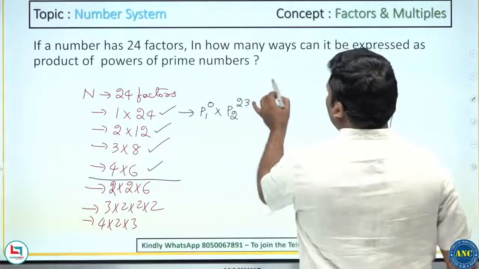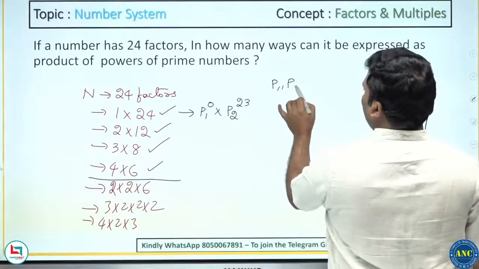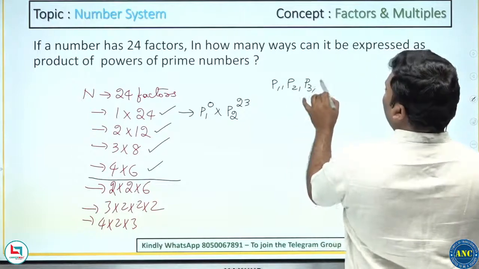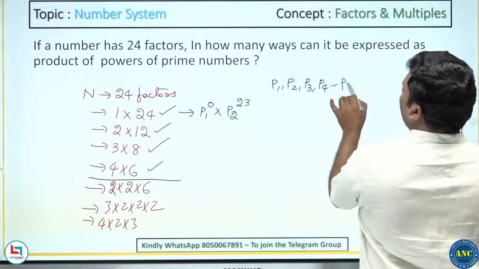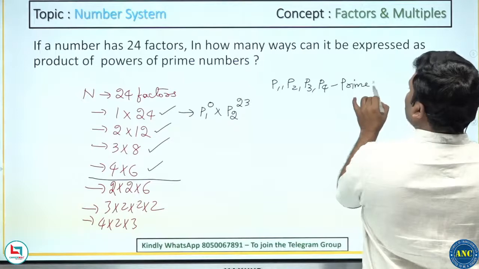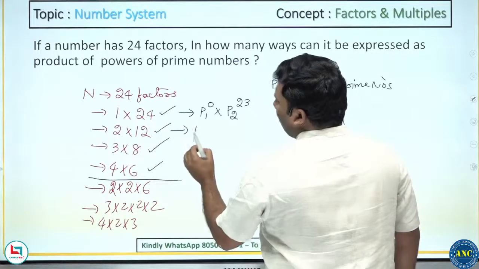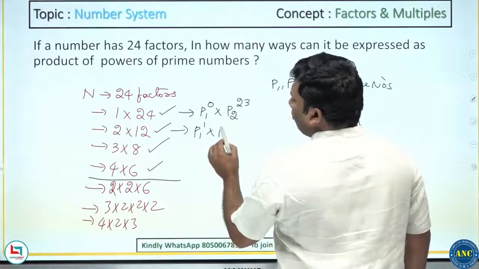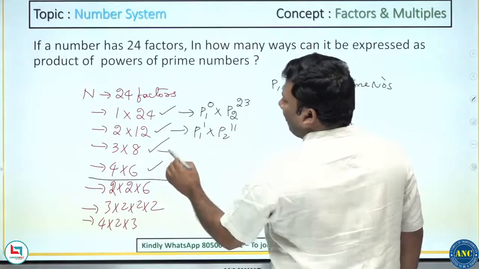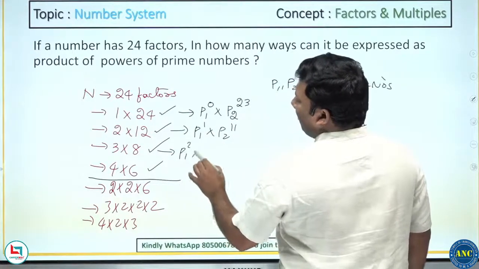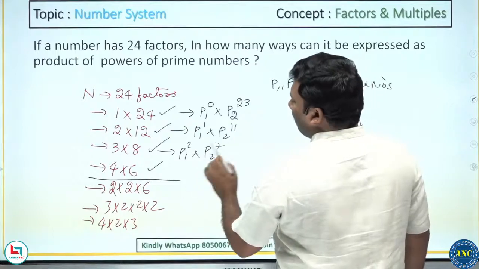What are P1, P2, P3? P1, P2, P3, P4, all these are prime numbers. If it is 2, P1 power 1 into P2 power 11. If it is 3, P1 power 2 into P2 power 7.